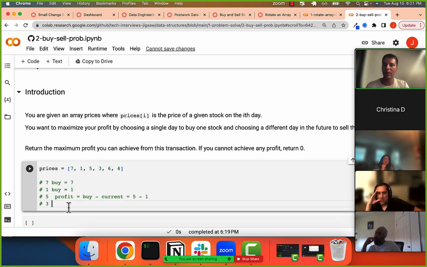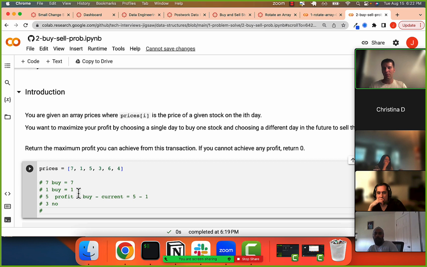So it seems like what I'm doing with this buy thing is I'm holding on to the current minimum. So here, do nothing basically, because I'm not going to sell because it's less than the current profit I could have made, and I'm not going to buy because it's not lower than the current min. And now I go to the next one, 6.